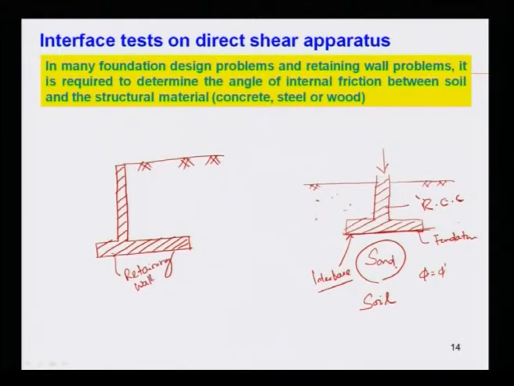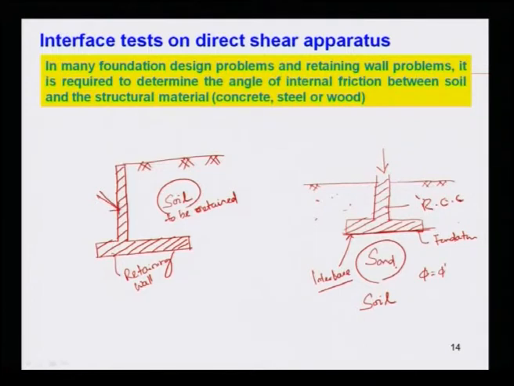For design point of view, if this is my soil to be retained, what is the friction angle between the soil and the wall, because these are not the same material, it is soil and this wall.